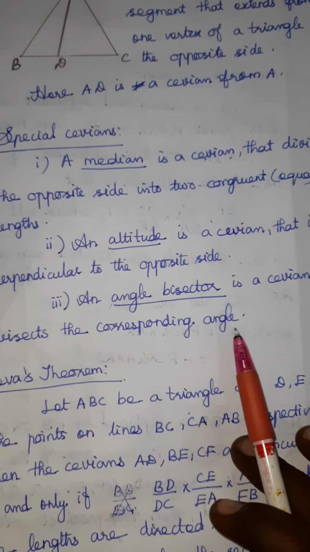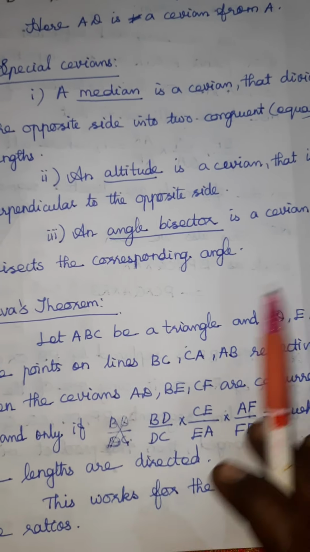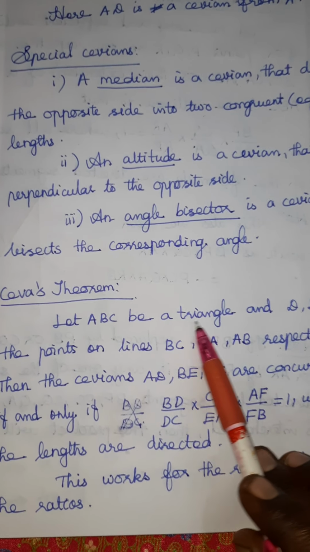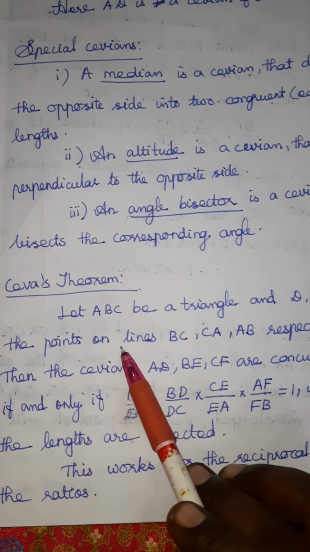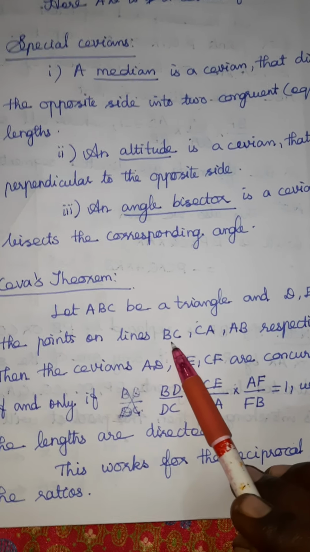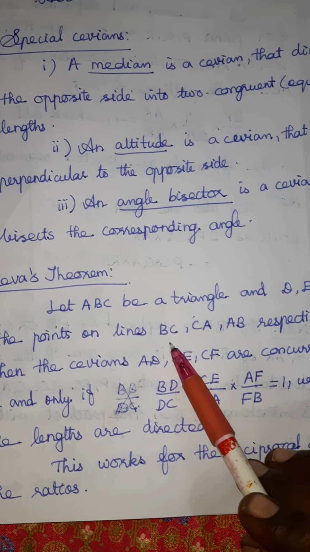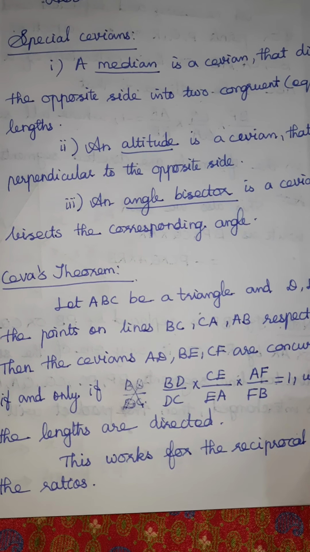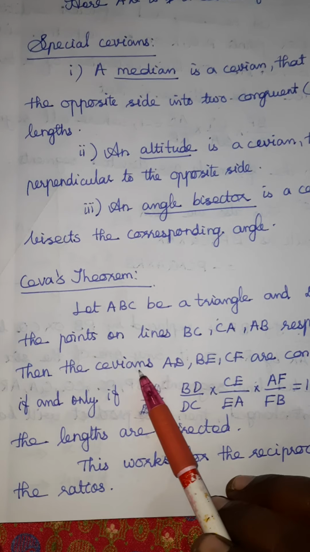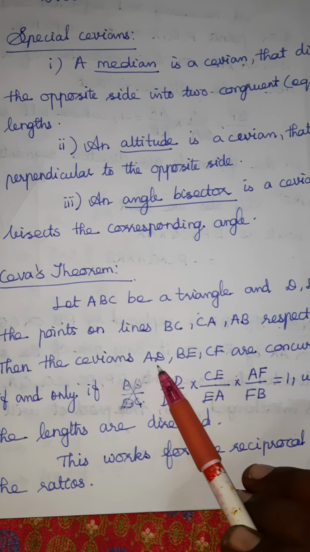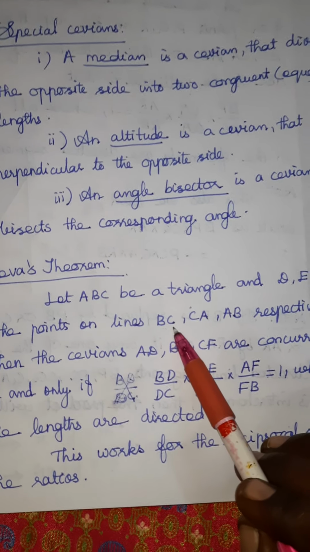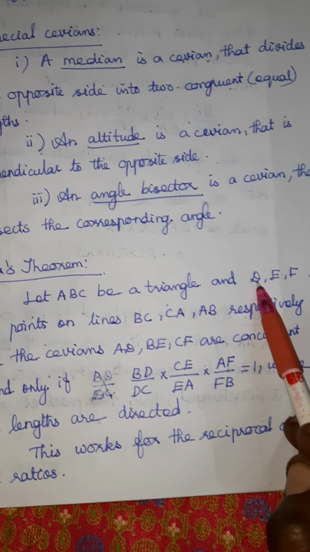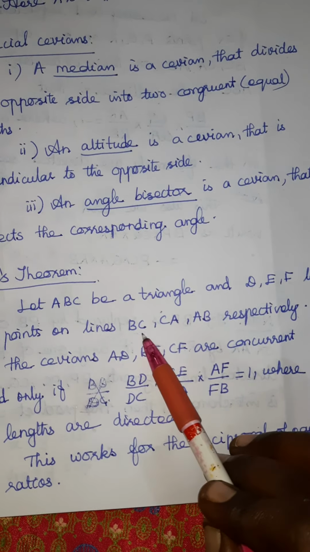Okay, next, what is Ceva's theorem? Let ABC be a triangle and D, E, F be points on the lines BC, CA and AB respectively. Then the Cevians AD, BE, CF. So BC is a side. You are marking the point D on BC.